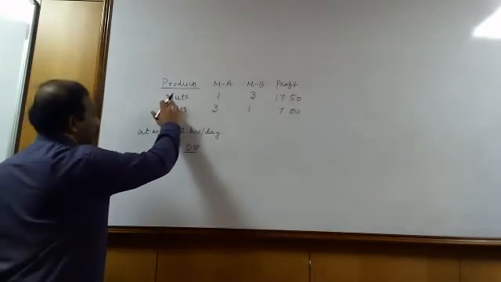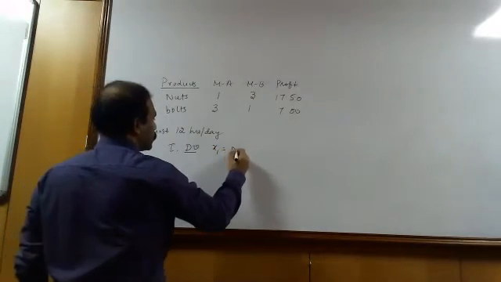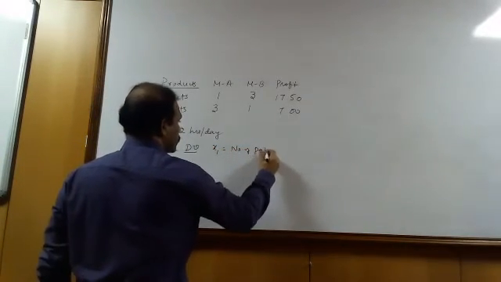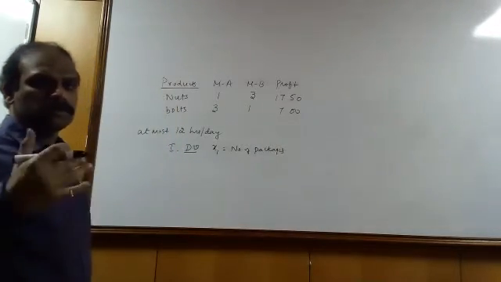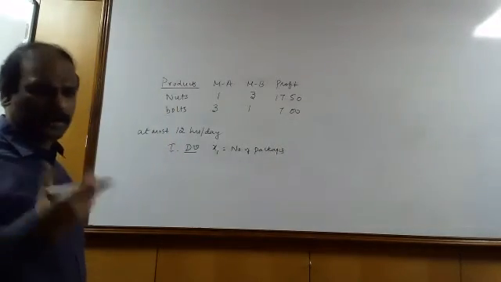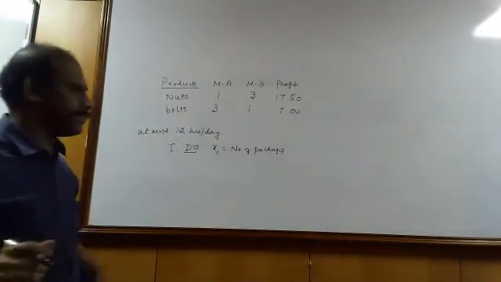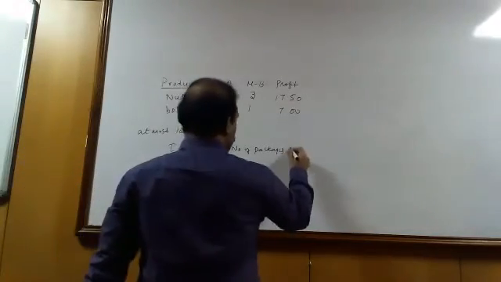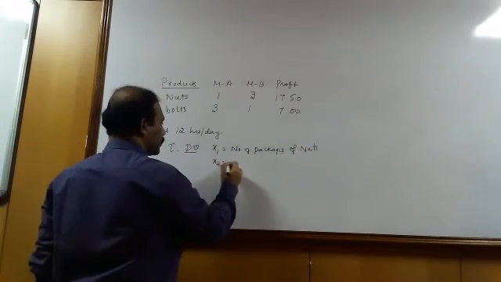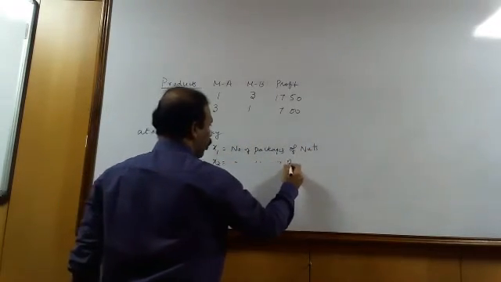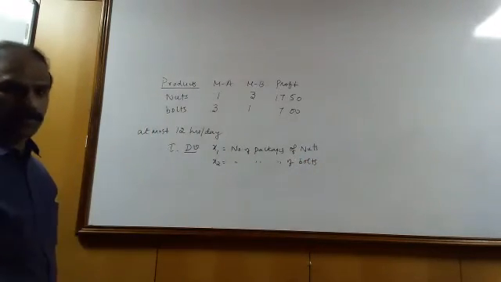The first is nuts and the second is bolts. So x1 is the number of packages of nuts. Please use the same words used in the question paper so that it becomes easy for you. You can write it any way you want, but it is better to use the same words. And x2 is the number of packages of bolts.